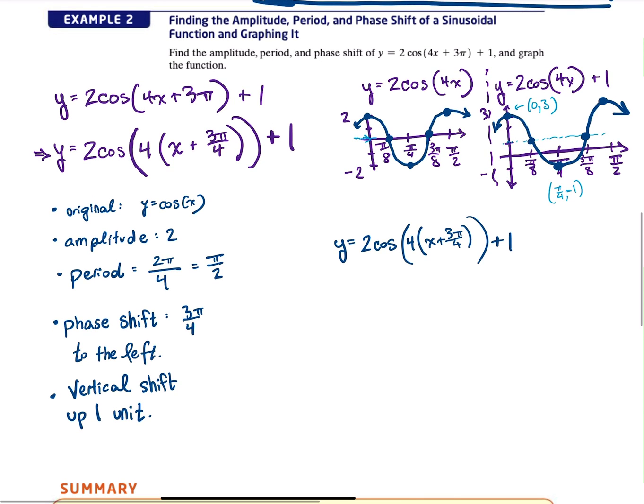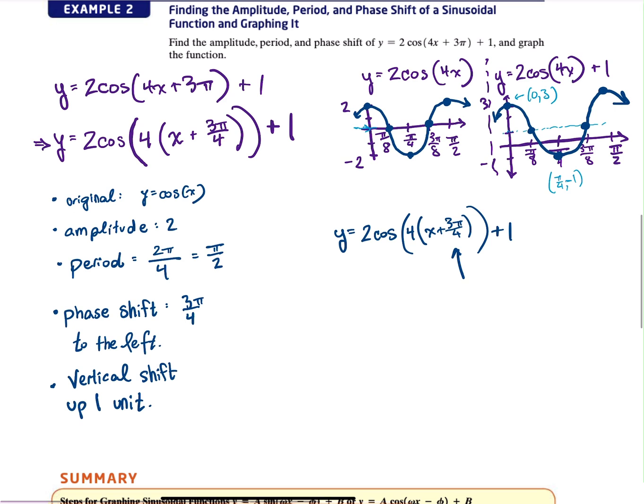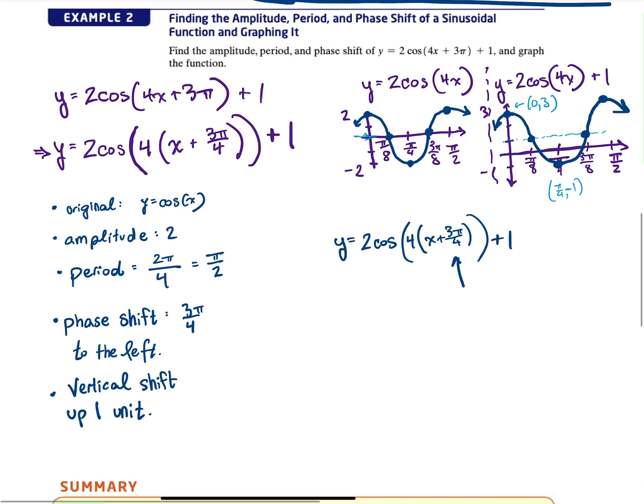So we're getting in this horizontal shift now to the left by 3 pi over 4. So we can imagine adding 3 pi over 4 to all of our previous x coordinates. Or I'm sorry, subtracting, because we're going to the left this time. You can imagine subtracting 3 pi over 4 from all of our x coordinates. So I'll still consider where this wave will start.